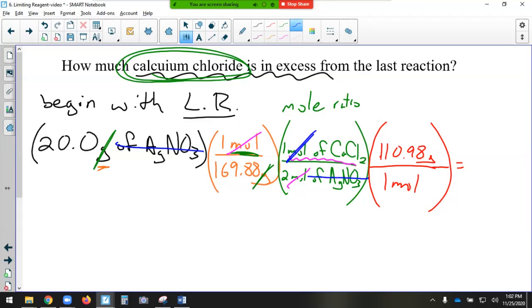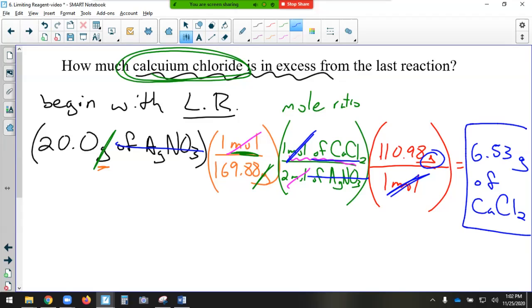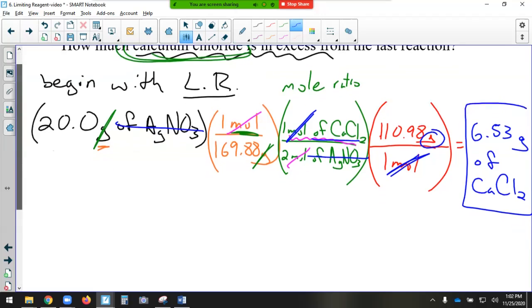I'm going to cancel my mole there with my mole there. All I have left for units is grams of calcium chloride. You multiply all the numerators, divide by all the denominators, and you should get 6.53 grams of calcium chloride. So that's how much was actually used.